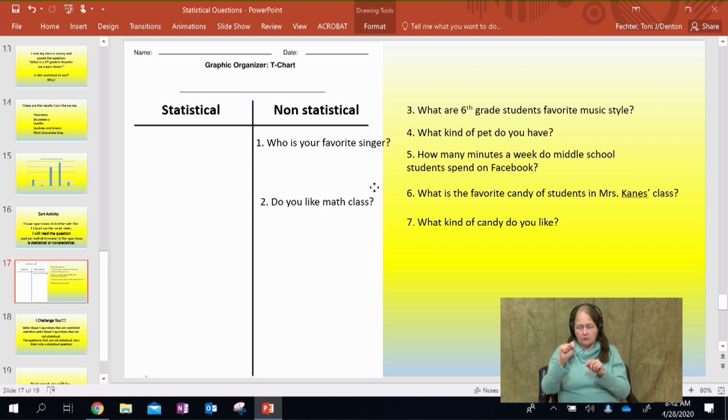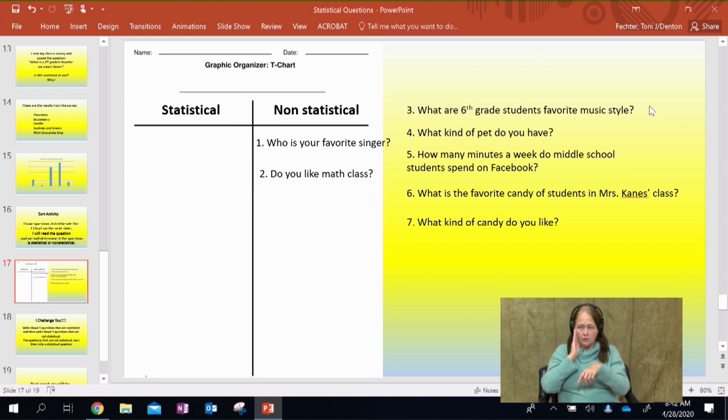If you will ask yourself those two questions every time, you really will not miss these. Okay? What are sixth grade students' favorite music style? Now, do we have a population that we're asking? Yes, we do. We are asking sixth grade students.